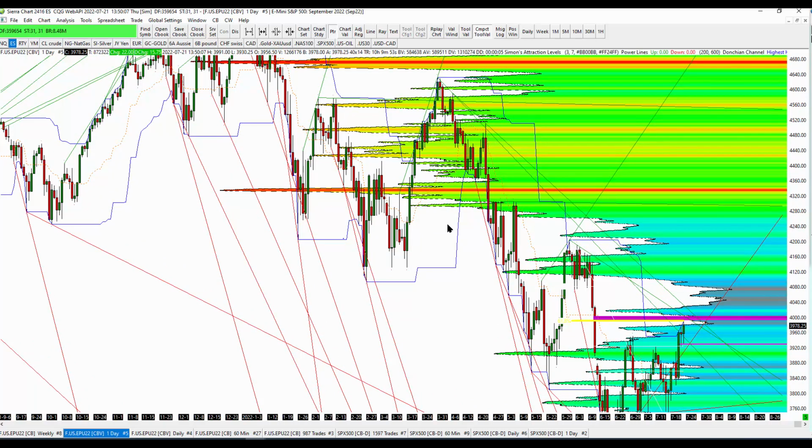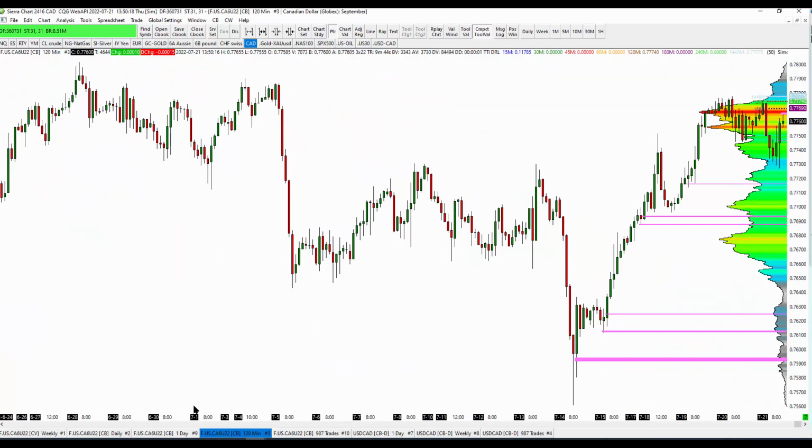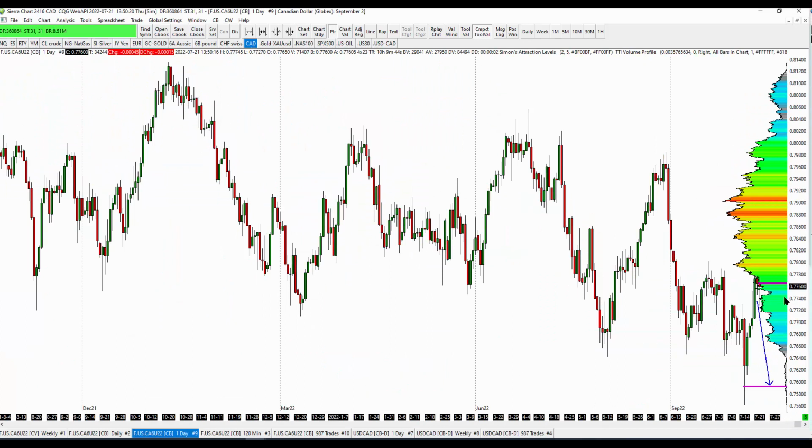Let's look at the Canadian dollar, CAD, futures side. You see there is one major level right at the price, and another one coming down here. These are the two. You can go up to 50 levels on the futures side, which might give you a lot of levels and might be busy. But let's also examine the difference between the CAD currency versus USD CAD.